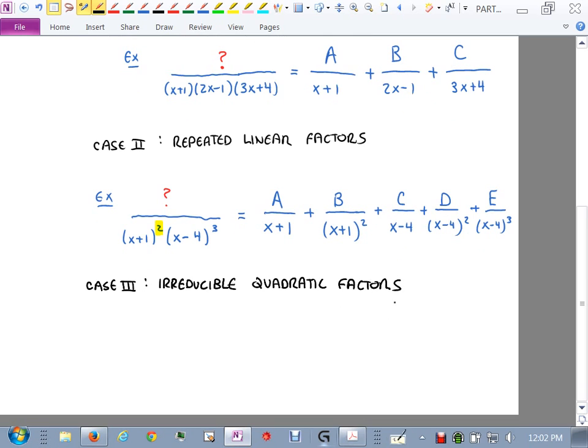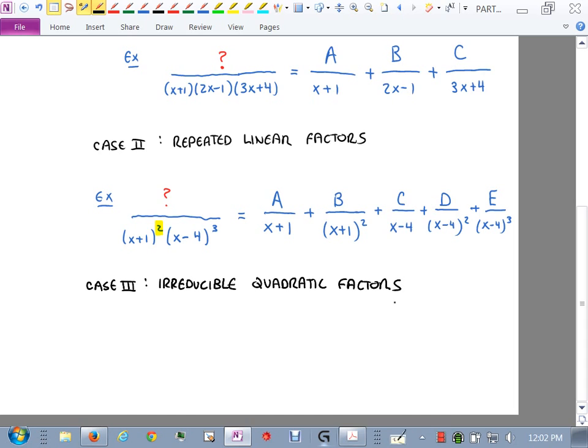What does irreducible quadratic factors mean? Irreducible means you can't factor it. It's a quadratic that can't be factored. If it can be factored, then you'll have linear factors, won't you? But if it's not factorable, then it's irreducible, so you can't break it down.